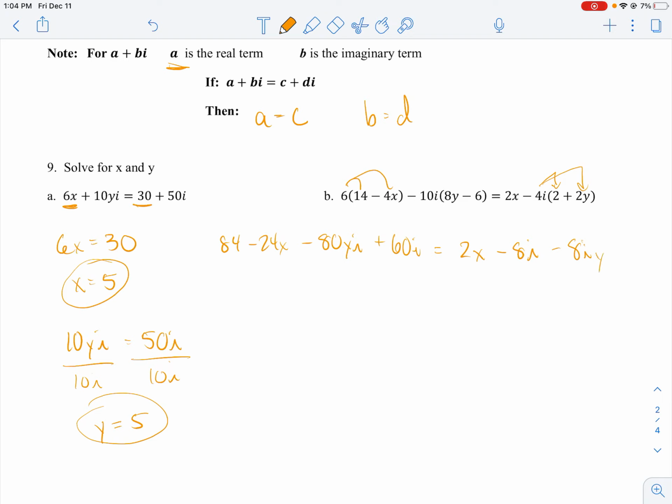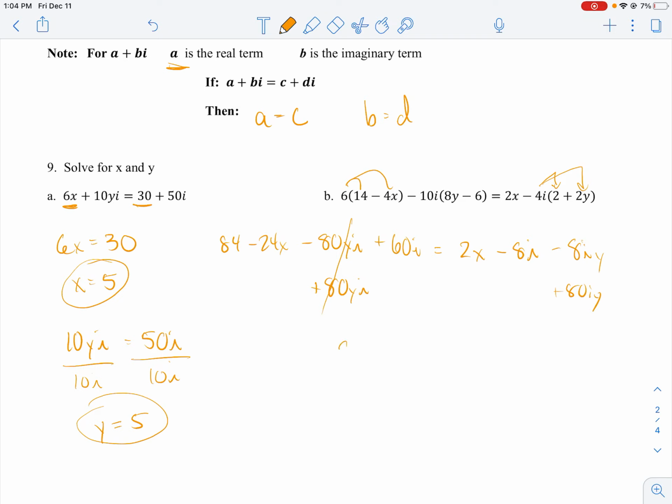So, let's do some simplification here, put some stuff back together. I'm going to get my y's together, and I'm going to get my x's together. That's what we're going to have to do next. Because right now I've got 8iy on one side, I've got a negative 80yi on the other. So I'm actually going to add 80yi to both sides.